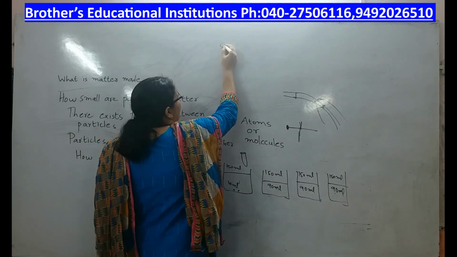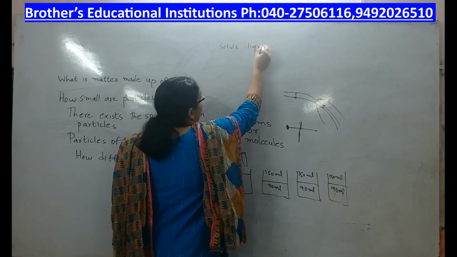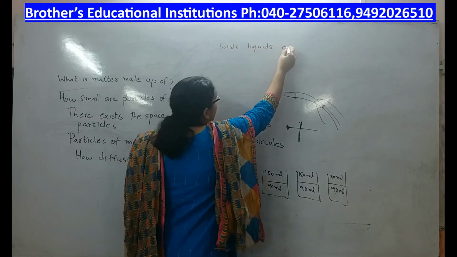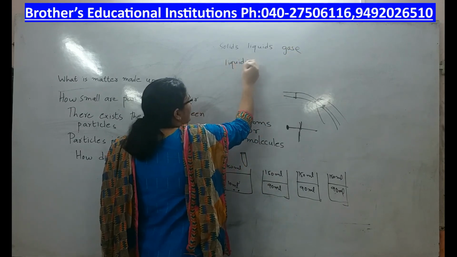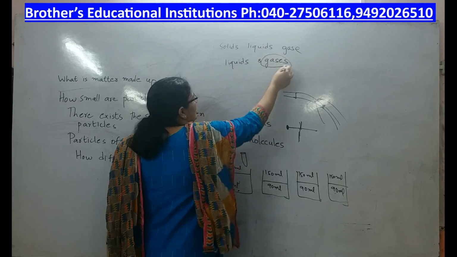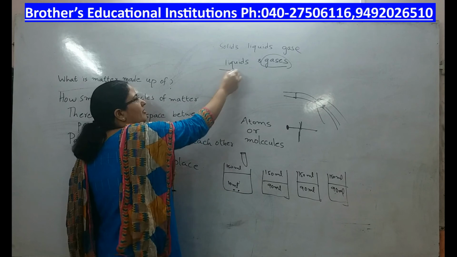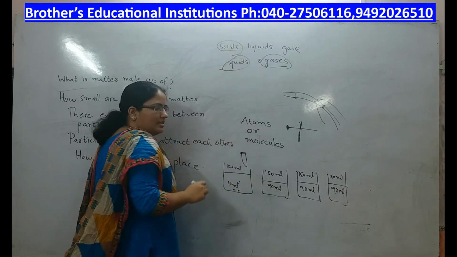Particles of solids, liquids and gases can diffuse in liquids and gases. The speed of diffusion of gases is much higher than that of liquids, and the speed of liquids is much higher than that of solids.